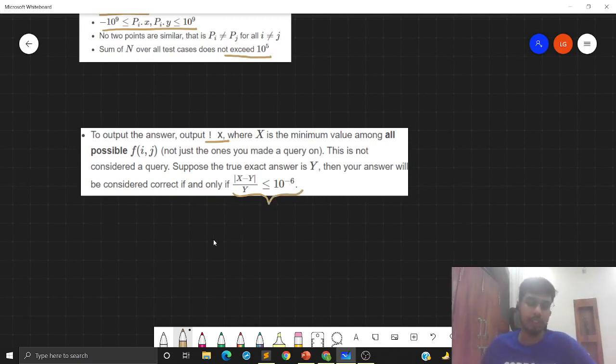So what does it mean? Maybe we are not able to find the exact answer because of some precision issues. That is usually when such conditions are given. So we can just keep in mind that we may be required to perform our calculations in some floating point data structure.